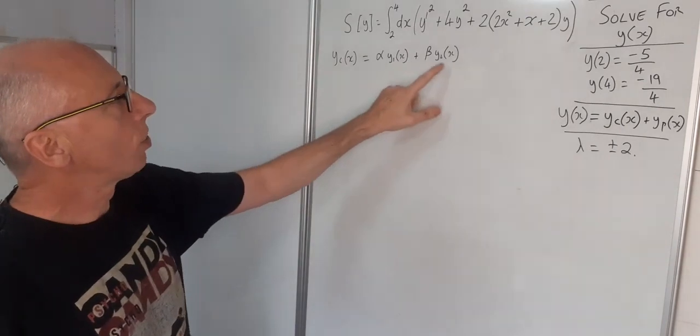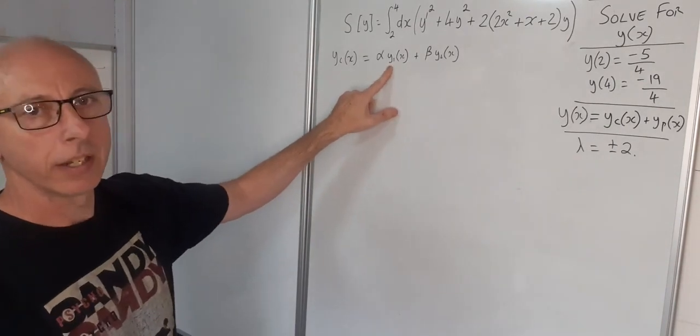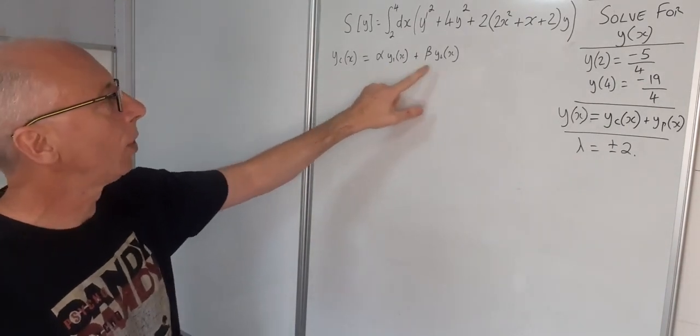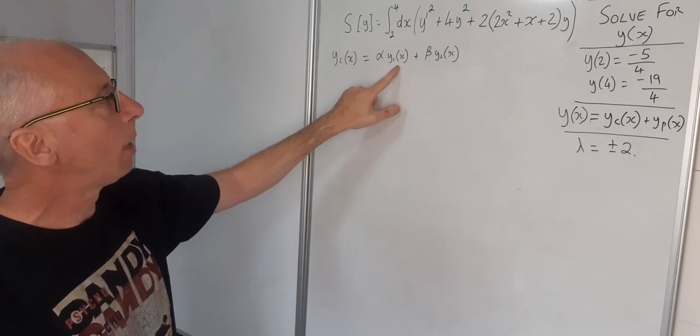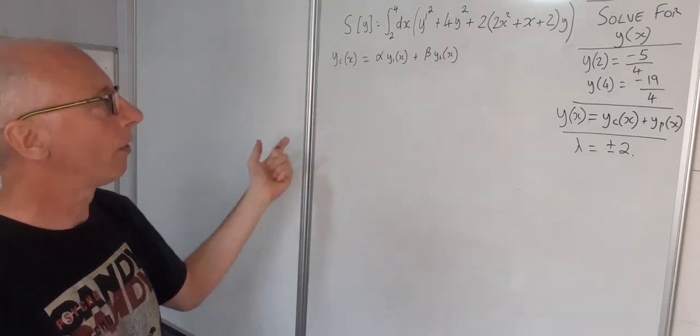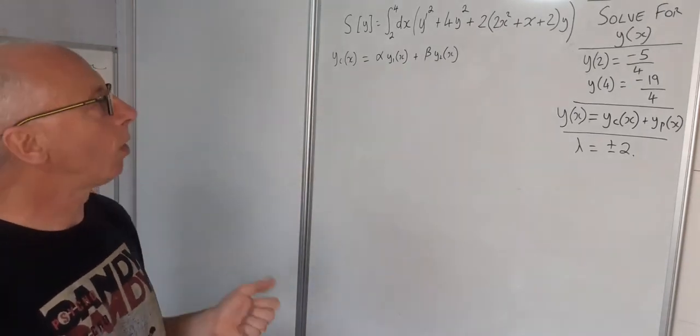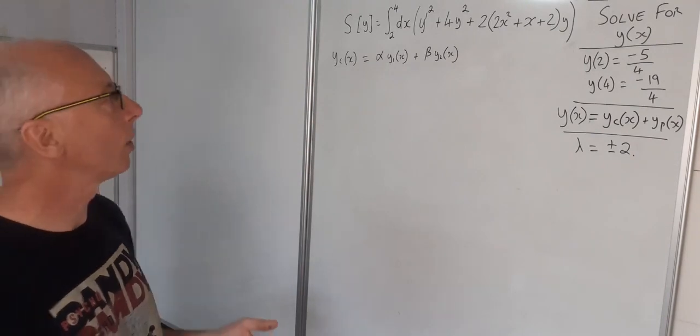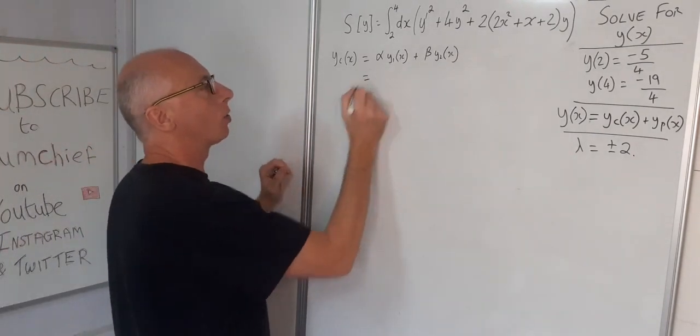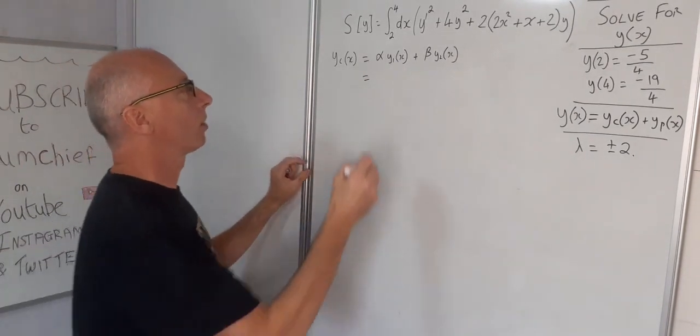Now what I want is 2 linearly independent functions I can put in here for my y1 of x and my y2 of x. There's more than one way of doing this, but the way I'm going to do it on this one is I'm going to use sinh, the hyperbolic sine function.